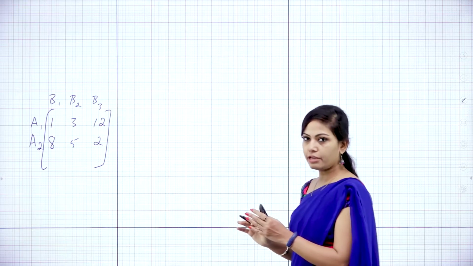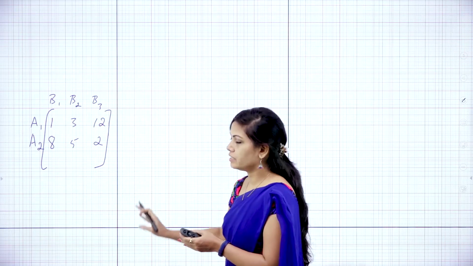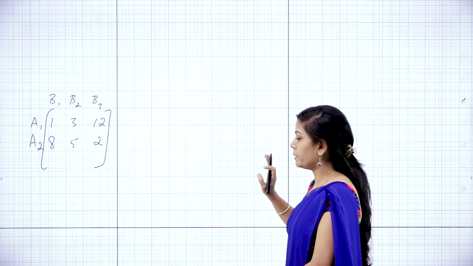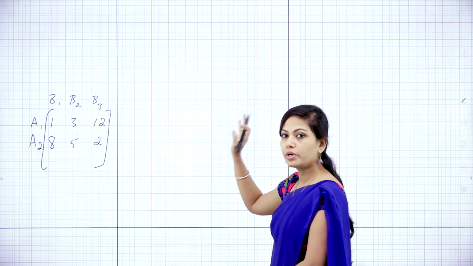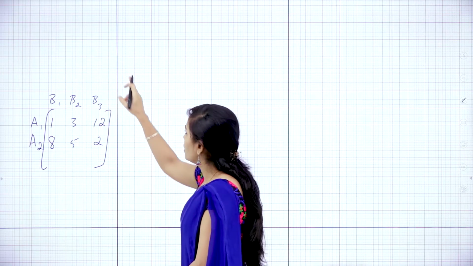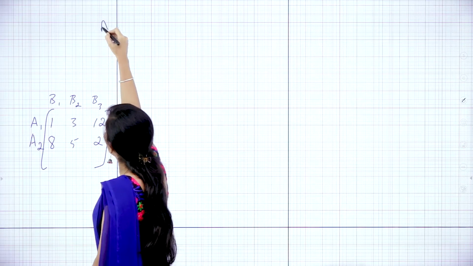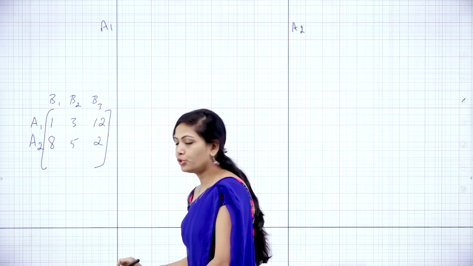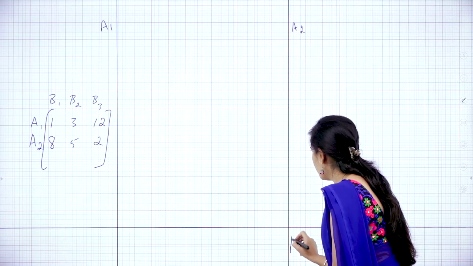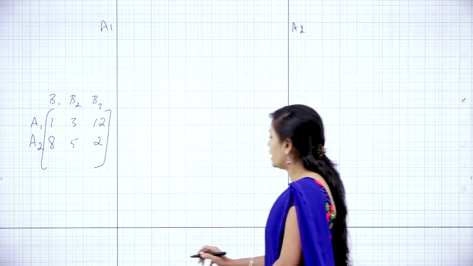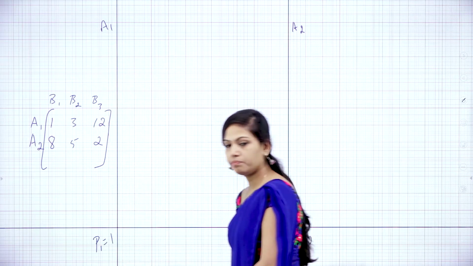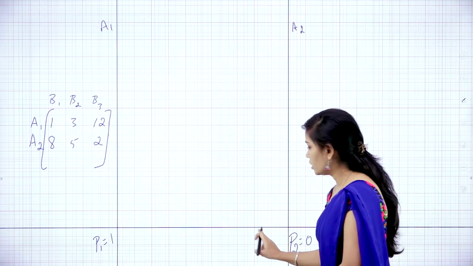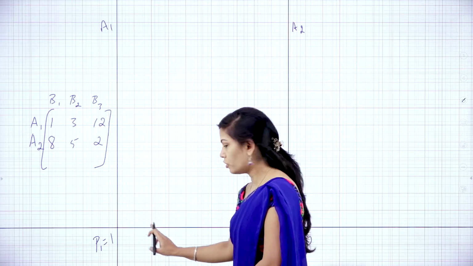So the first step in the graph is to draw two vertical lines. This line represents axis A1 and this line represents axis A2. And you have to consider the probability values. I will take this probability value as 0 and this one as 1.